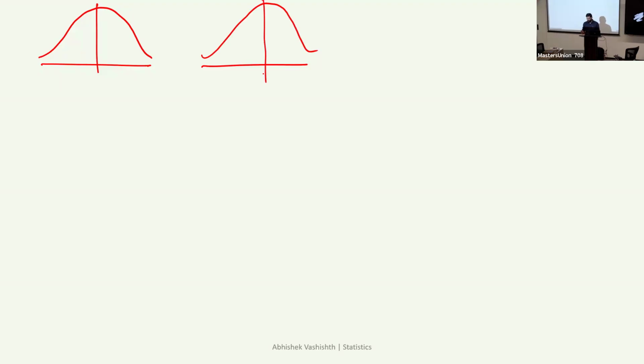So we were talking. Let's say you have a normal distribution. Every normal distribution is defined using mu, the mean, and sigma, the standard deviation. Now I want to find out the probability at a specific point. I don't know how to find out the probability here. For this, we convert this to a standard normal distribution. In the standard normal distribution, mu is 0 and standard deviation is 1.